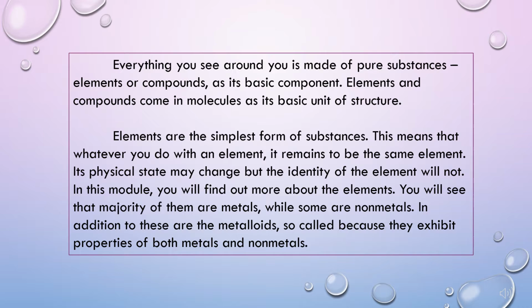When these elements or atoms combine, more and different types of elements combine, they form molecules. And then when these molecules combine, they form matter. So these are the basic units of matter. It is either elements or compounds that form molecules.